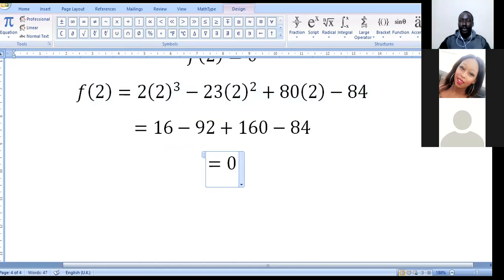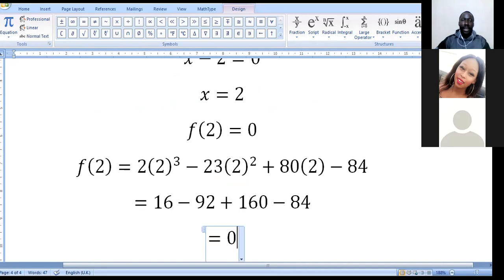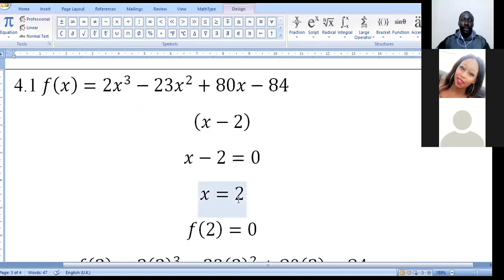I got 0. I guess that's what you've also got. So yes, this is how we prove it. When a question requires you to show that an expression is a factor of a given function, you first solve for x in that factor, the way we did it here. The first step was for us to solve for x, and we got 2 for x. Now we have to substitute this value 2 in the expression for f of x.